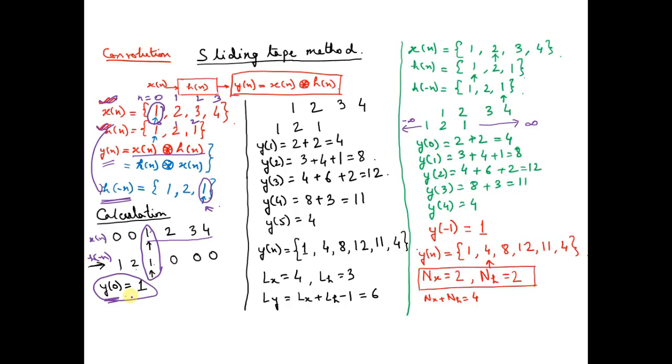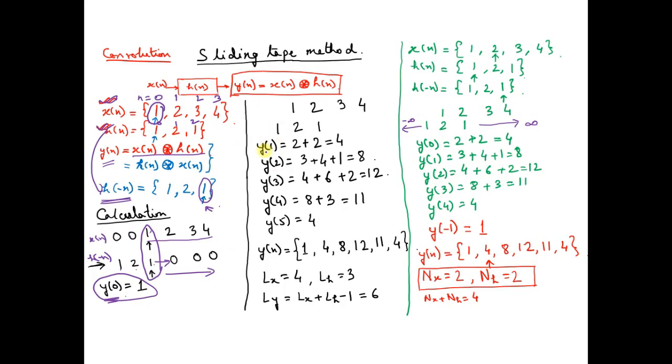Okay. Next, as we move h[-n] towards the right hand side, there would be an increment of 1. So if I move this one to this location, an increment of 1 means I will be calculating y[1]. Okay.